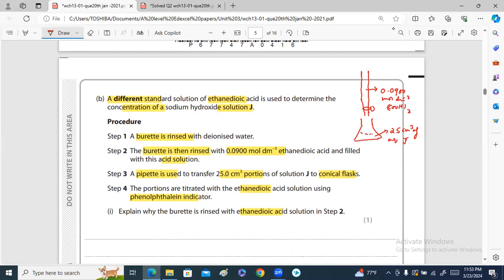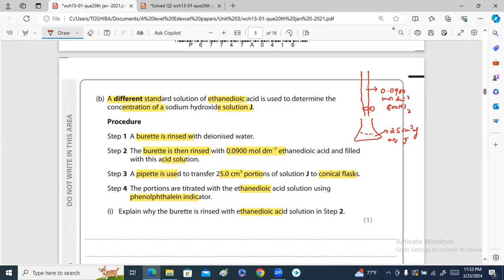Now a different standard solution of ethane dioic acid is used to determine the concentration of sodium hydroxide solution, J. We have the flask and the burette. Just check the procedure. A burette is rinsed with deionized water before starting our experiment. This was done. A burette is then rinsed with 0.0900 moles per dm cube ethane dioic acid.